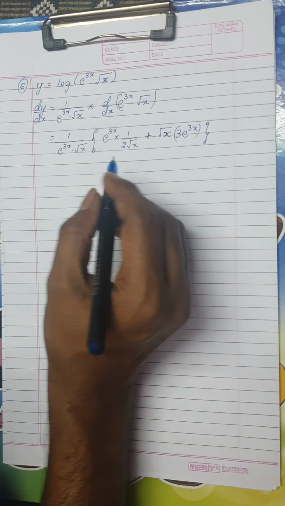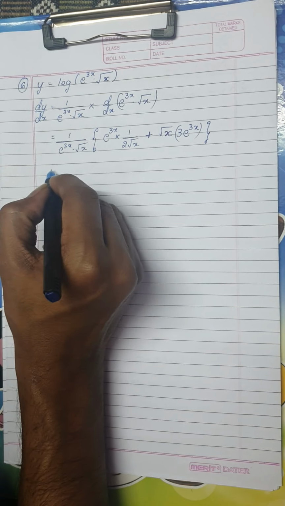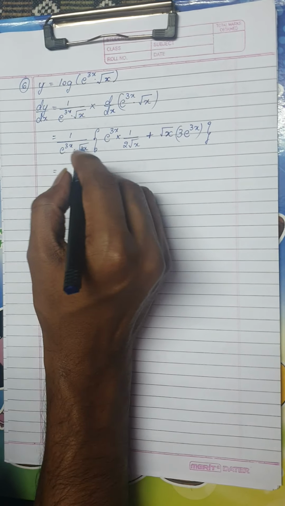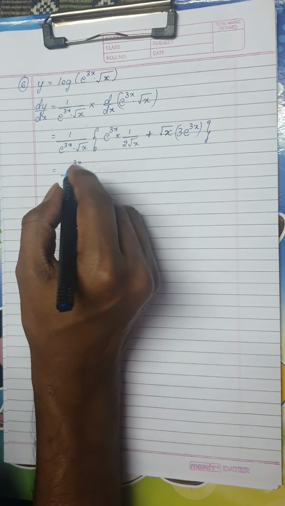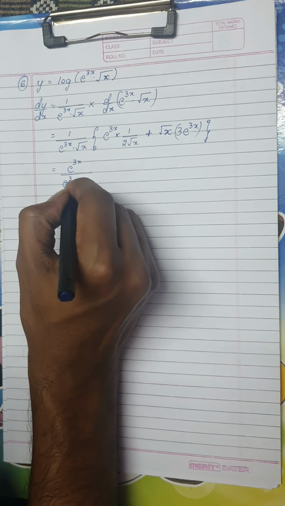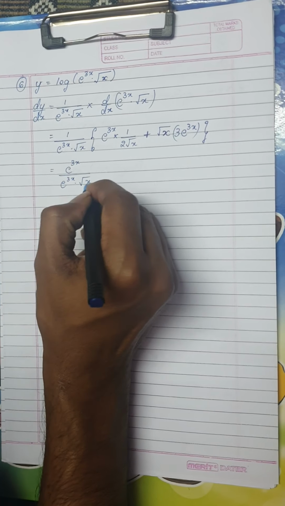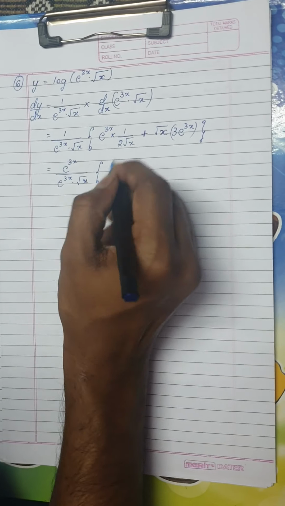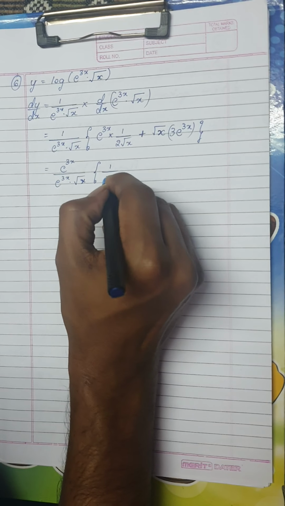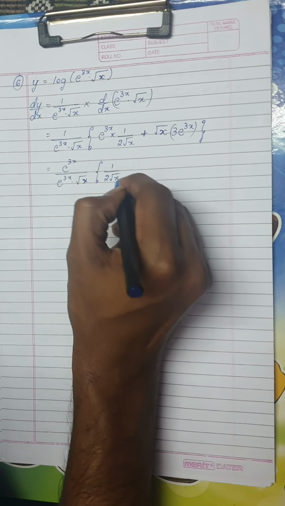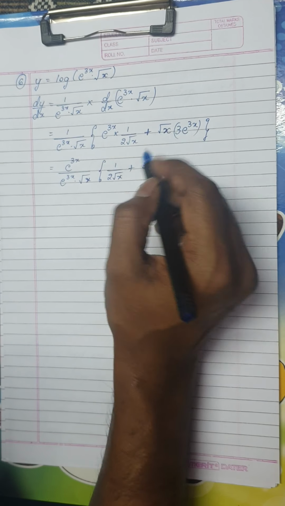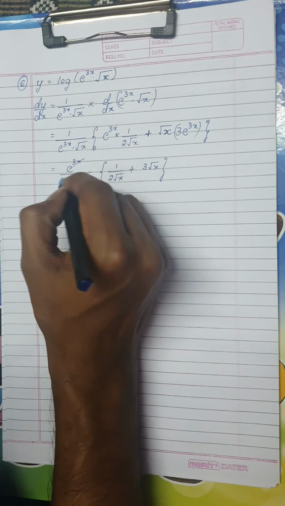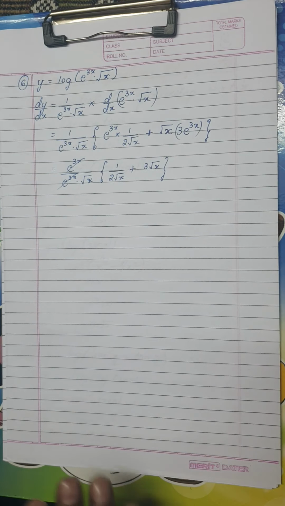Now if you take e power 3x common and see what happens. With e power 3x outside, I have e power 3x into root x here. The leftover term is 1 divided by 2 root x plus 3 into root x, and you can cancel e power 3x.